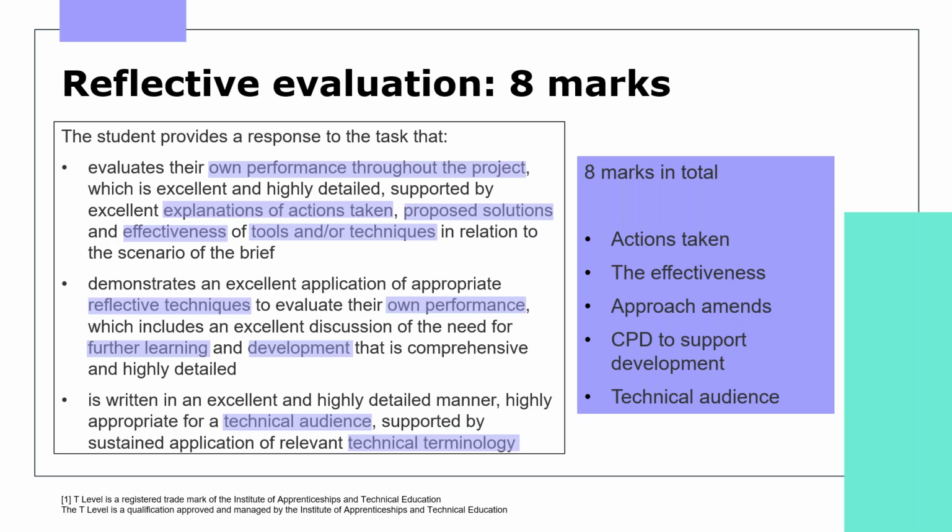The changes the students would make include any CPD needs, such as possible areas that they could seek out training and courses on in order to upskill them, all while ensuring that this is relevant to the brief and scenario presented.